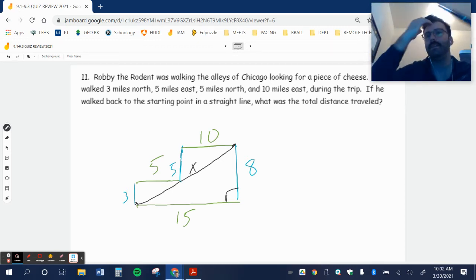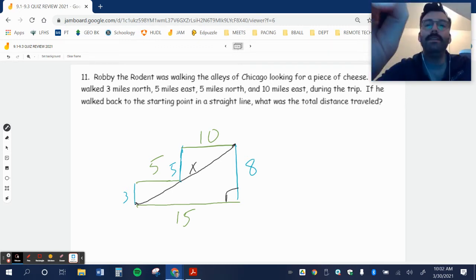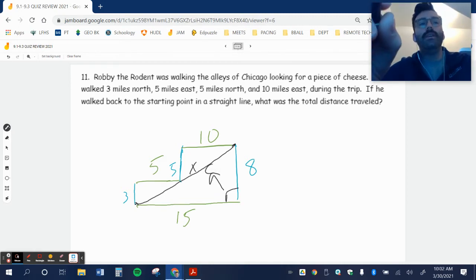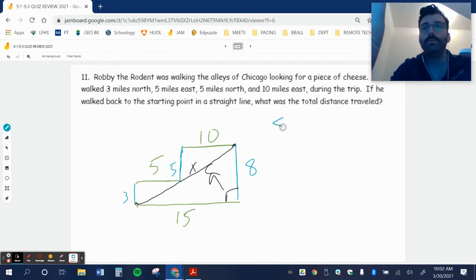Okay, so now I can say that, hey, x is our c value because it is across from our 90-degree angle. Some of you may know this is a triple, 8, 15, 17.